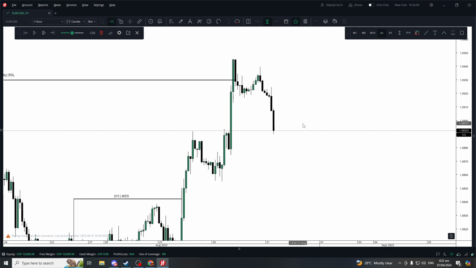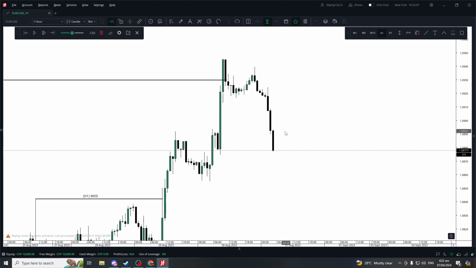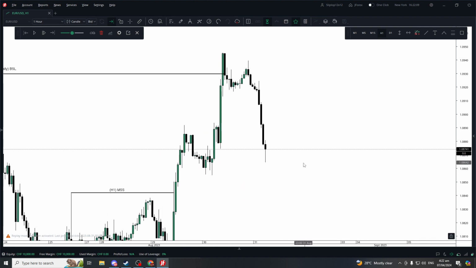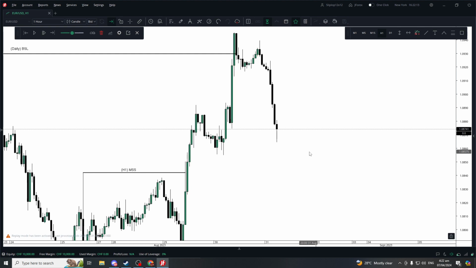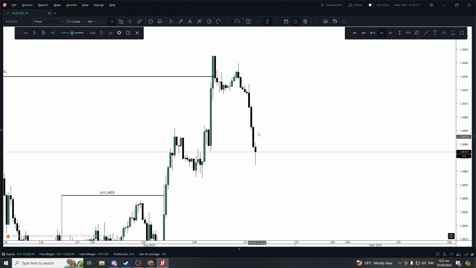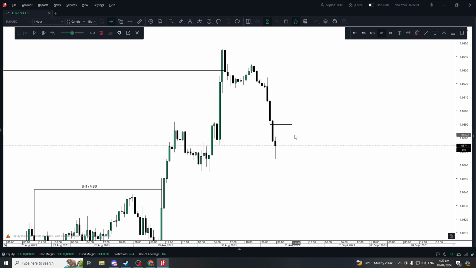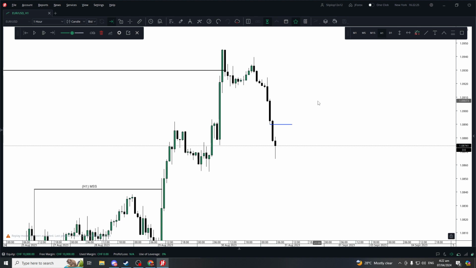Okay, we have this nice displacement. Alright, so we have the most recent fair value gap that we can work with. This is not in a preferred level.